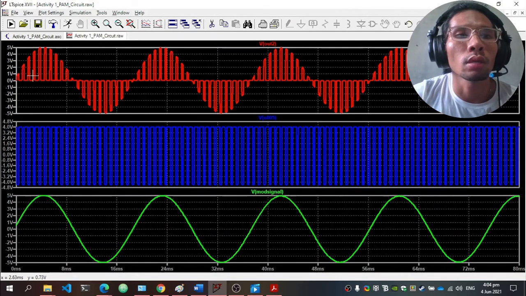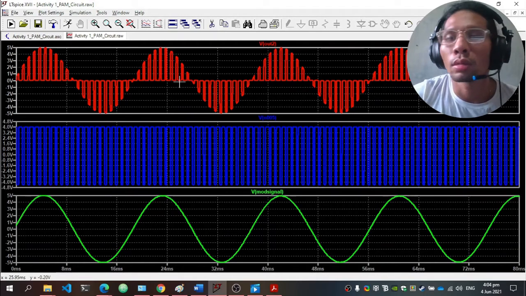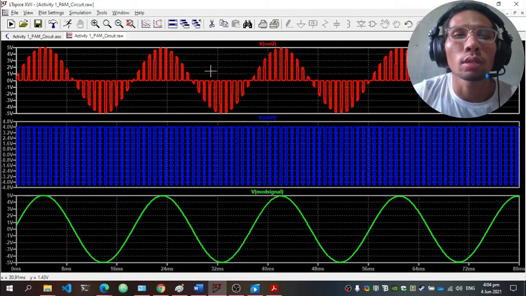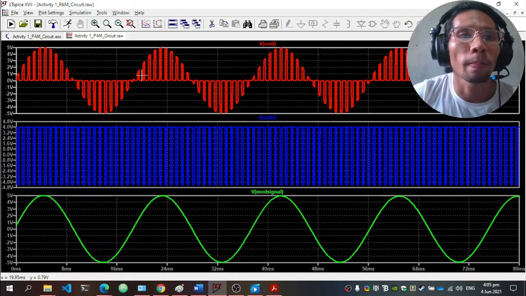You can see the final output or the pulse amplitude modulation signal with a red color. So we can combine these three signals in one plot so that we can differentiate or describe the characteristics of the pulse amplitude modulation.